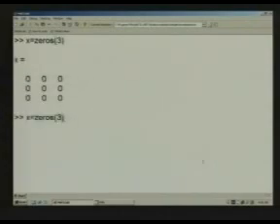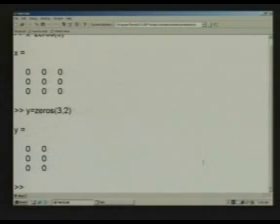So zeros, for example. If you want to have a matrix of zeros, let us say a 3 by 3 matrix of zeros, I will just write zeros(3). You will get a 3 by 3 matrix of zeros. Suppose I want a 3 by 2 matrix of zeros, then I can just write zeros(3,2), right? Similarly, ones.